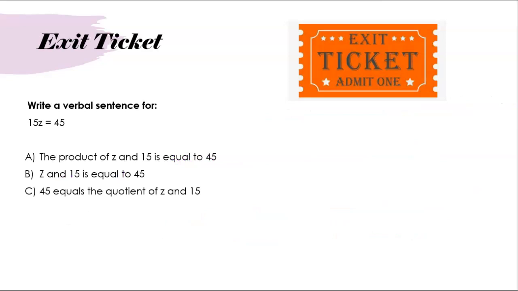So here's your exit ticket. You need to write a verbal sentence for 15z equals 45. So what are we doing there? We're multiplying. What's the official word for multiplying? Getting an answer. The multiplying 15z equals 45.